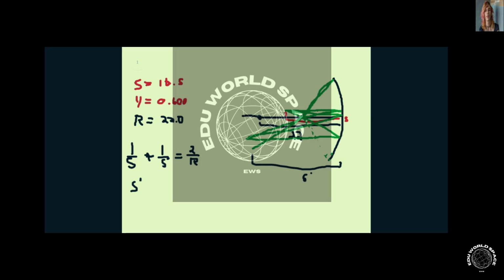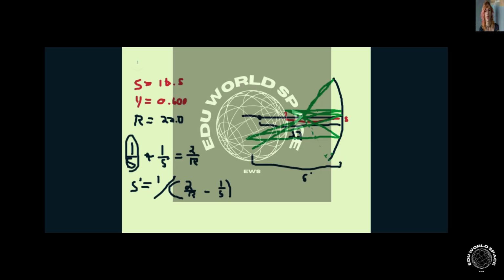So if we manipulate this equation, we get S prime equals 1 over the quantity 2 over R minus 1 over S. All right, and I did that first by bringing the 1 over S over and subtracting it.